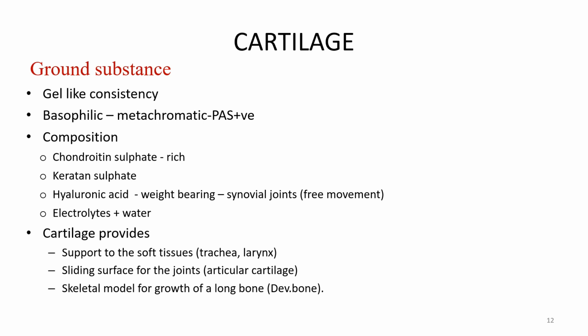For example, in the knee joint, the lower end of the femur and the upper end of the tibia have articular cartilages that provide the sliding surface for the movements of the knee joint. Then it forms a model for growth of a long bone. All the developing bones are cartilaginous and later on they will be replaced with bone.